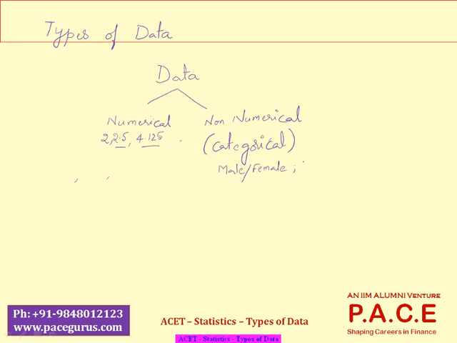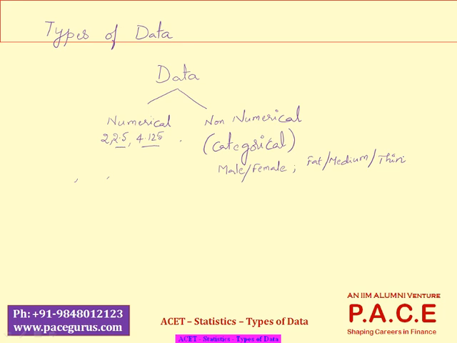Or I can talk about fat, medium, thin. So there is some data, but it is not in the form of numbers. Such kind of data I classify as categorical data or non-numerical data.